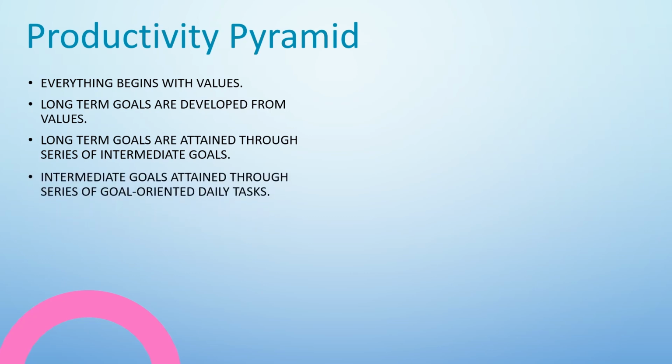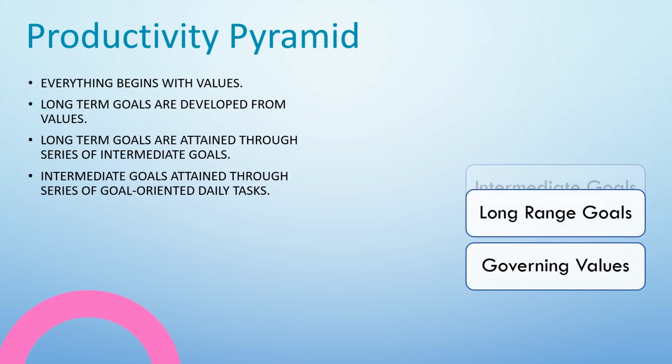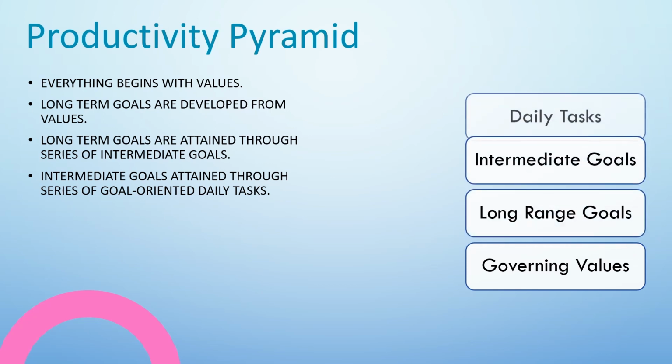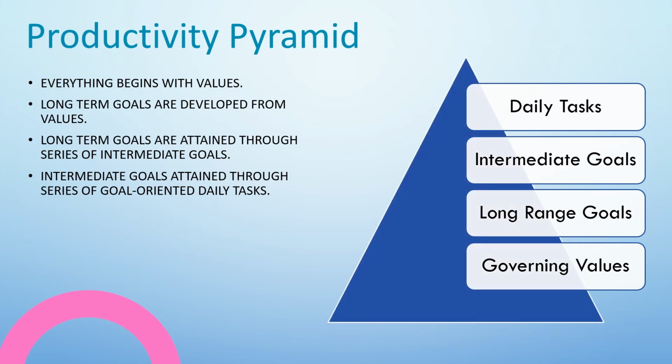And intermediate goals are attained through a series of goal-oriented daily tasks. Thus, values are the basis of goals, and productively achieving goals requires breaking them down into small daily tasks and targets. Let's understand this process in detail by looking at the methodical approach.